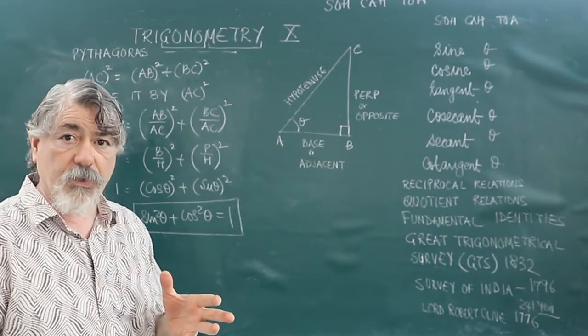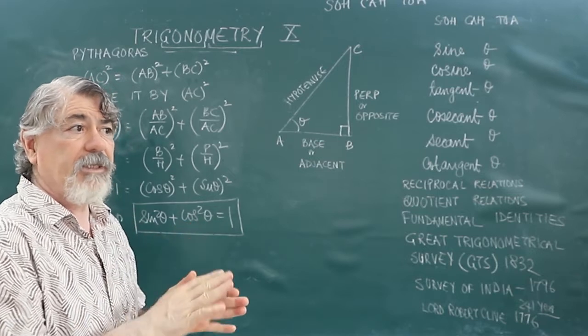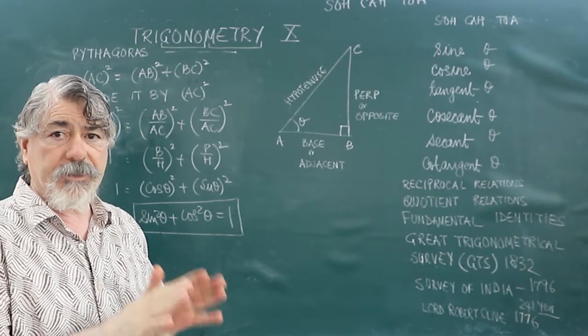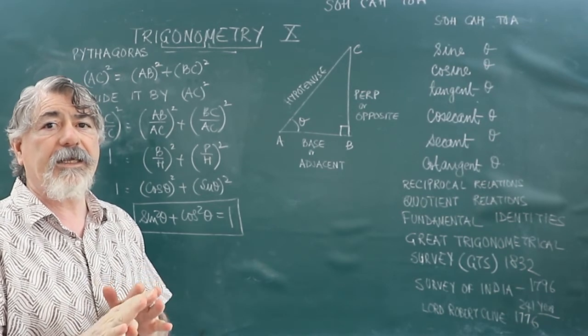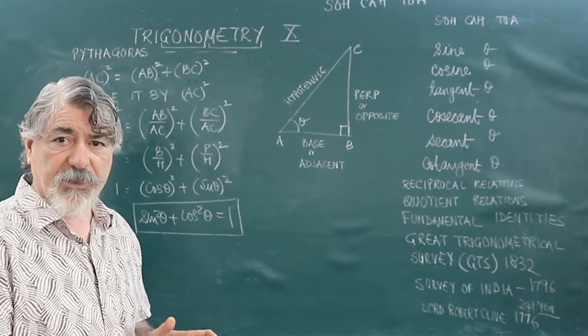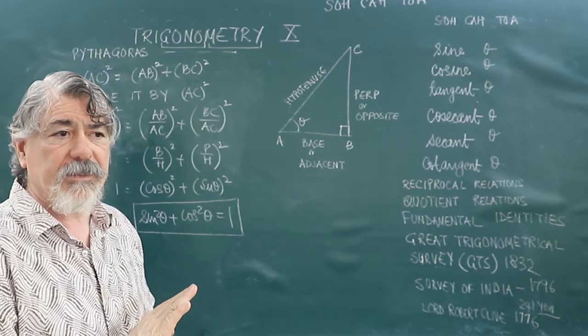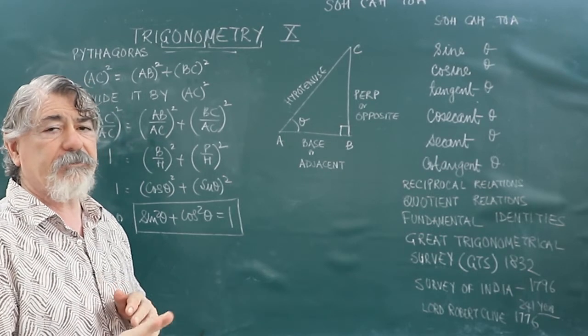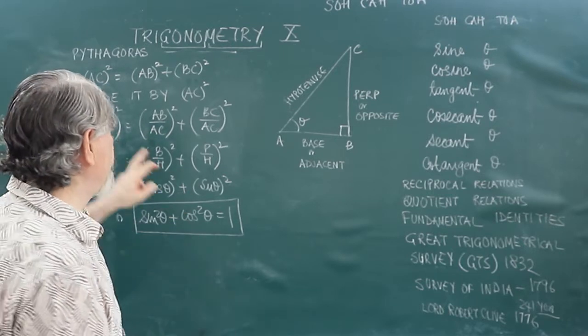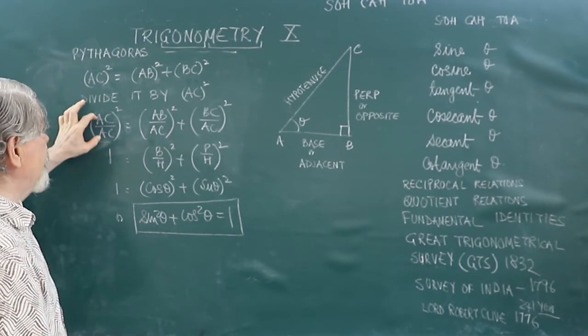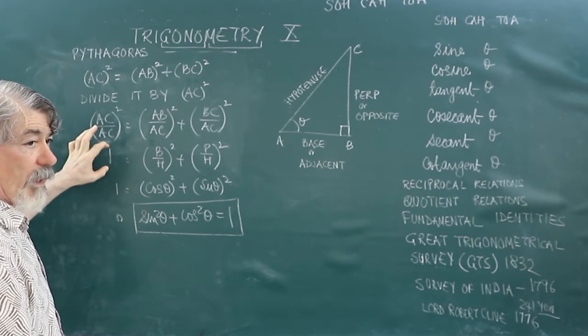Then I divided the complete Pythagoras Theorem statement, which was written mathematically, by AC square, which was hypotenuse square. When I divided AC square by AC square, I got 1.